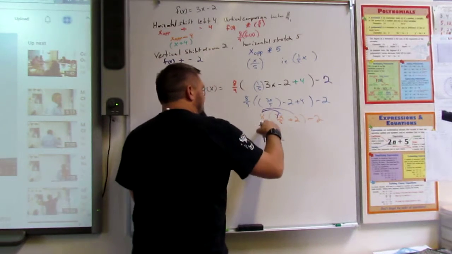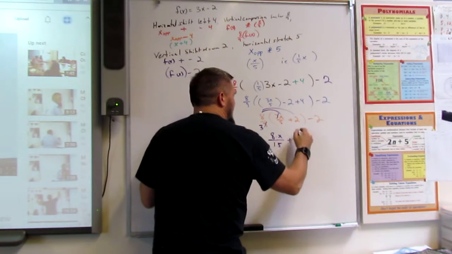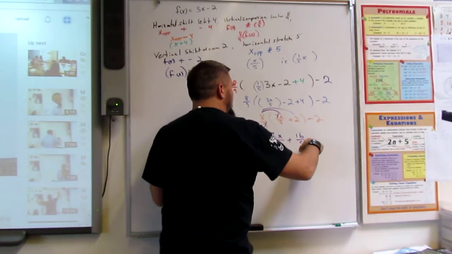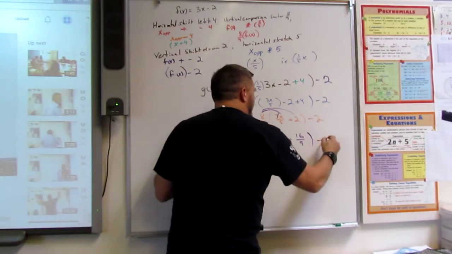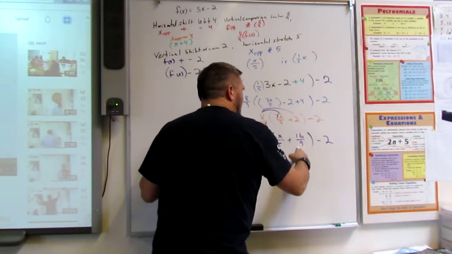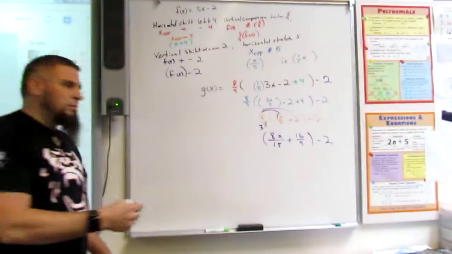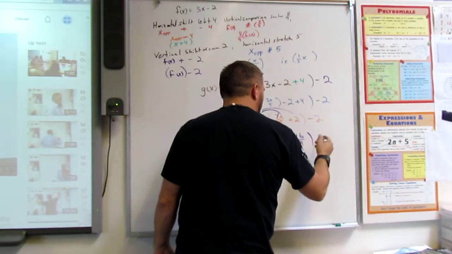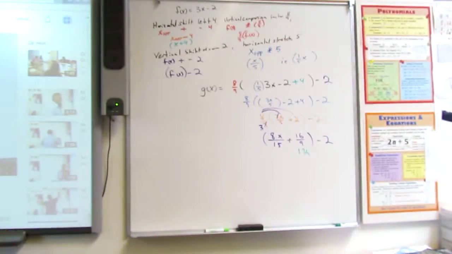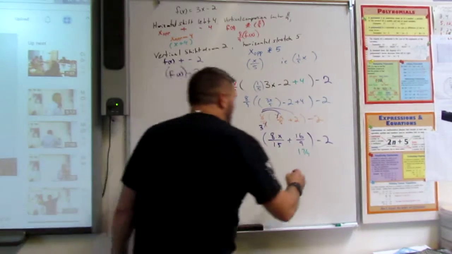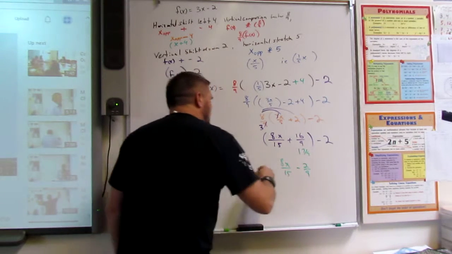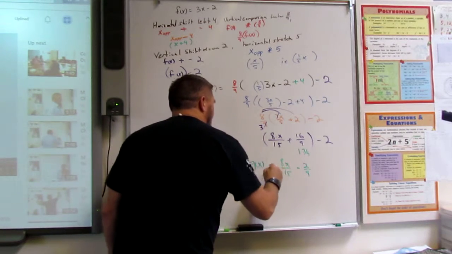And that's still 8 over 9 against the 2, so it's 16 over 9, and then minus 2. I can do these, because 16 over 9 is really 1 and 7/9. What is 1 and 7/9 minus 2? Negative 2/9. So it's 8x over 15 minus 2/9. And that's your new function, g of x.